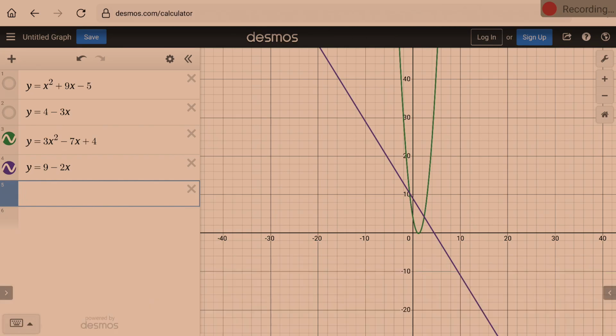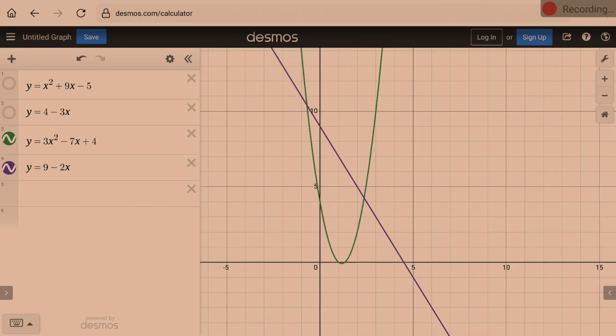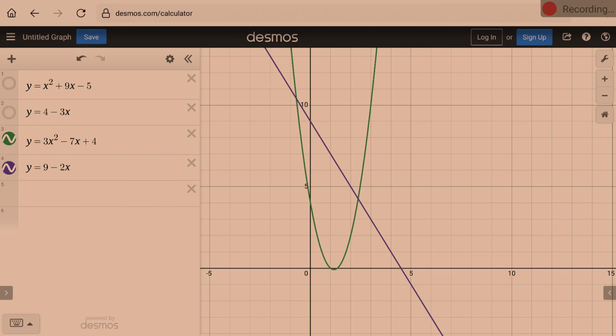Now, this is kind of based on how my last graph was. I don't know about you guys, but I personally would zoom that in a little bit more, just so I can get a good solid view of it. And what are we trying to look for here? 2 points. Our intersection points.